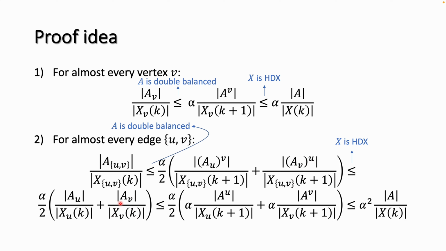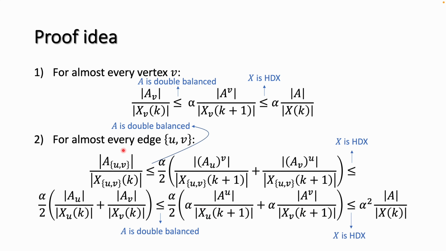Then again, we can use the fact that A is double balanced and know that the localization of A to the vertex U is bounded by alpha times the restriction to U, and similarly for V. Then we can use the fact that X is a high-dimensional expander, and each restriction behaves nicely, and we get something like that.